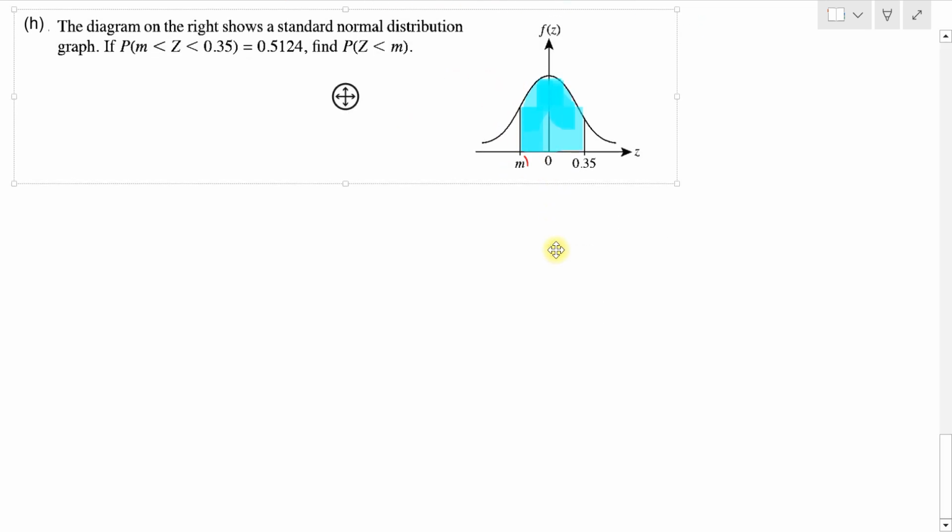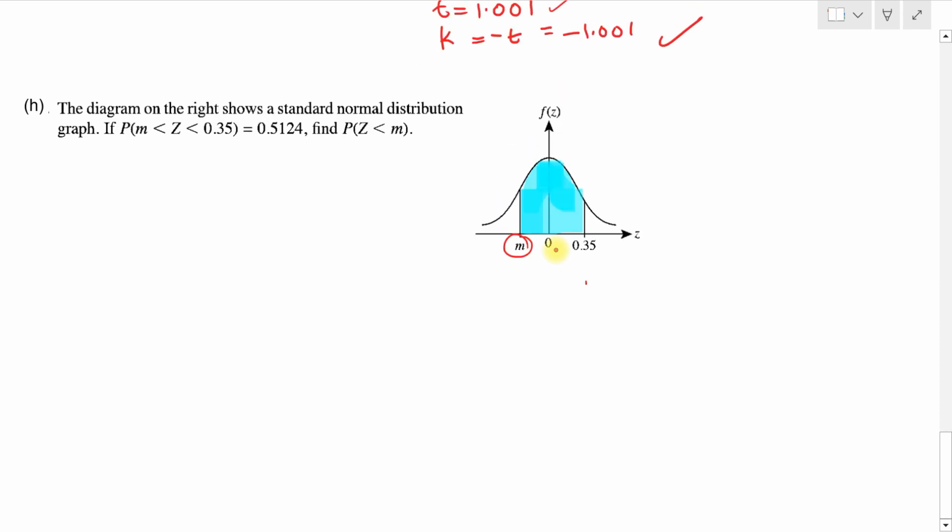Okay, this one again, you're finding the z-score here. The diagram on the right shows a standard normal distribution, and the probability is 0.1524. But what is the question asking? Find z. They are not actually asking to find m. See that or not? They are actually asking for z less than m.